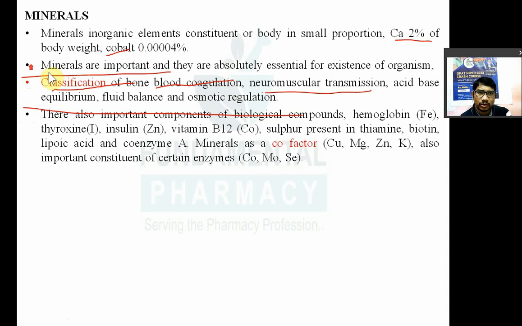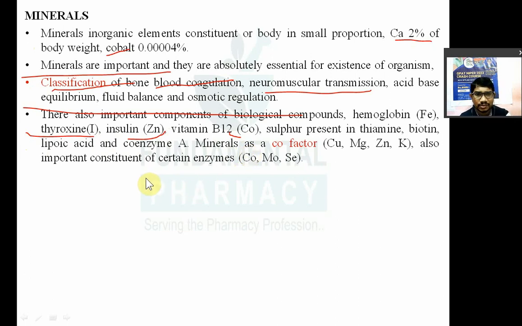They are also important components of biological compounds. Some of the elements are found in the proteins of your body. For example, hemoglobin contains ferrous iron. Thyroxine, the thyroid hormone, contains iodine. Zinc is given along with insulin. Vitamin B12 contains cobalt. Sulfur is present in vitamins as well as in amino acids.